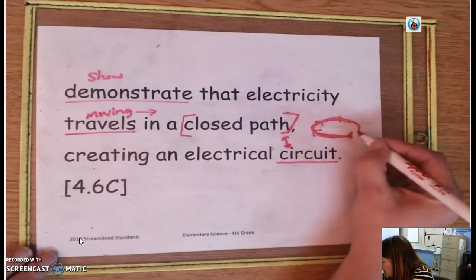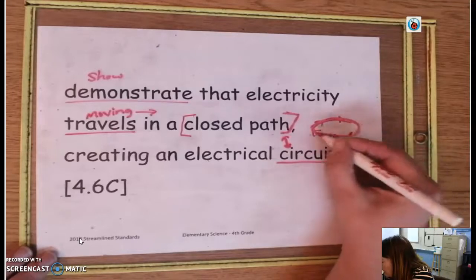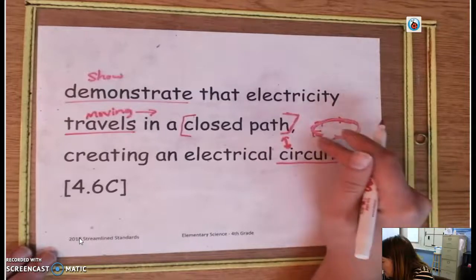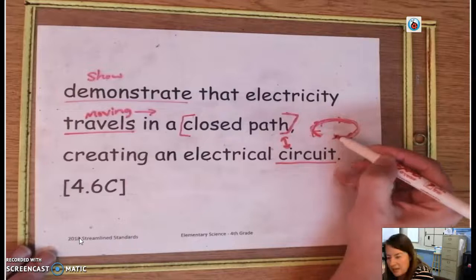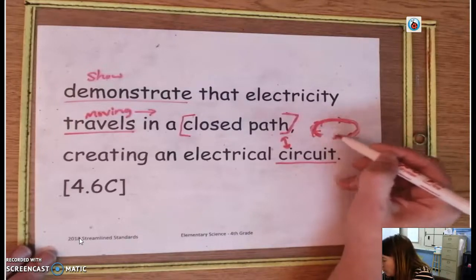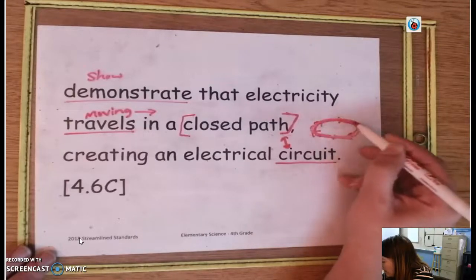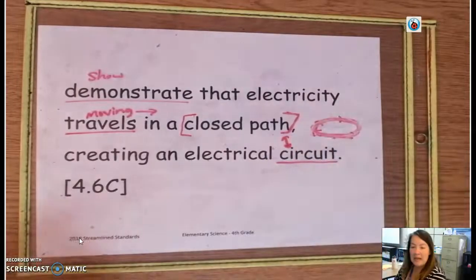Now if I close it, look, it can keep going around and around forever. But again, if there's a break in it somewhere, it's open and it stops. I'm stuck, right? That's an open circuit. It can't move. So electricity has to flow in a closed path, which is an electrical circuit. So that's what we're going to study today.